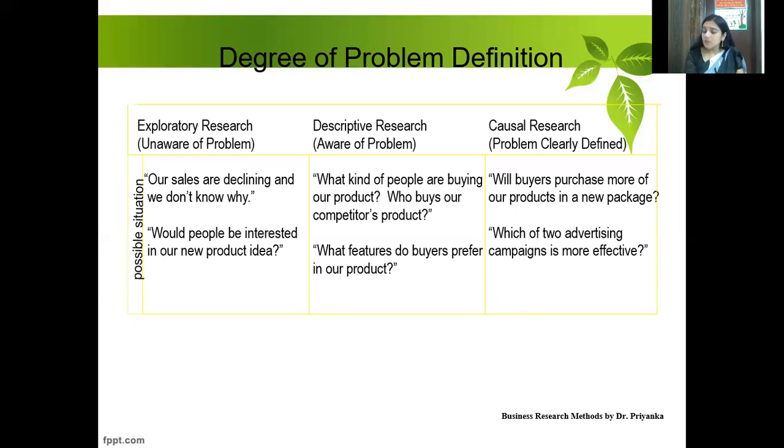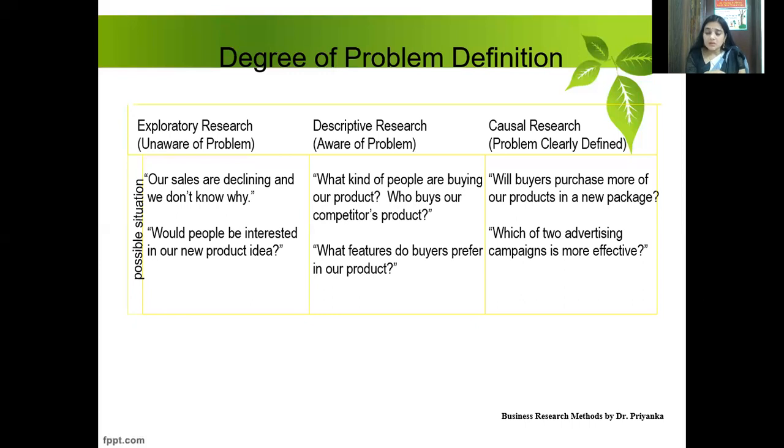Or when you know that people are going to buy your product with the help of an advertising campaign, then you know the exact variable to be affected. So this would be causal research. For example, which of the two advertising campaigns is more effective? You just need to go with two advertising campaigns you already know. How would you know about the result?